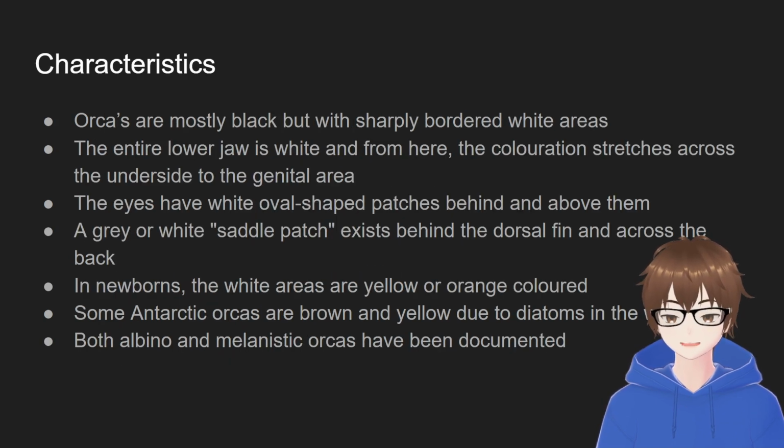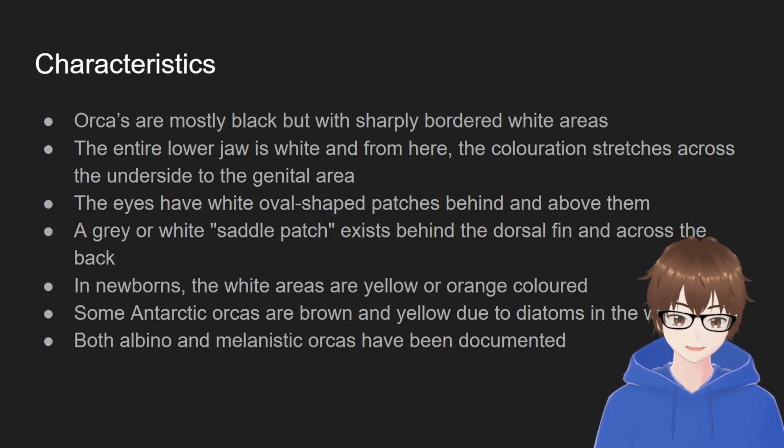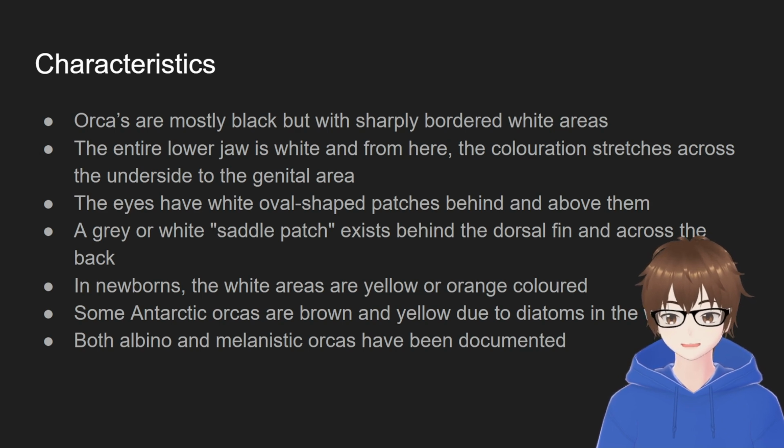So, some characteristics of orcas. Most of these you'll probably know from just looking at an orca. Orcas are mostly black, but with sharply bordered white areas. The entire lower jaw is white, and from here, the coloration stretches across the underside to the genital area. The eyes have white oval-shaped patches behind and above them.